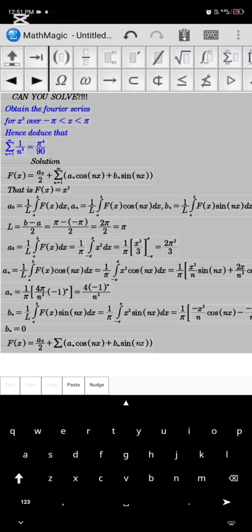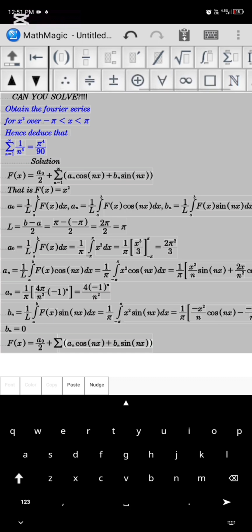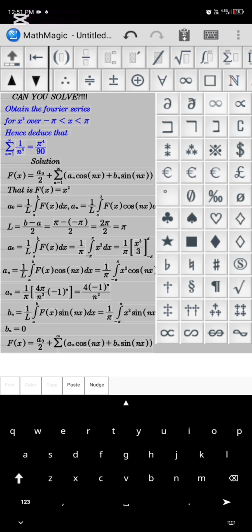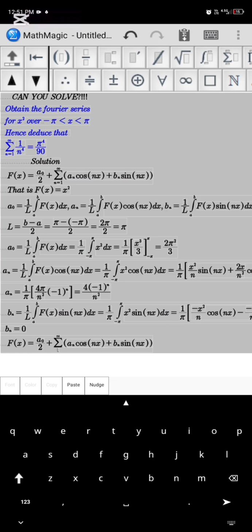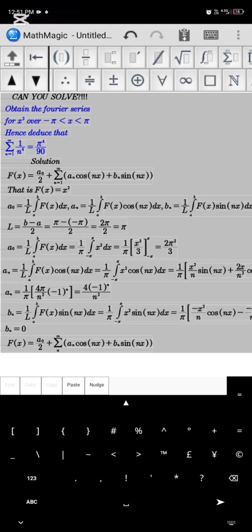Don't forget the limits of this summation is from 1 to infinity.